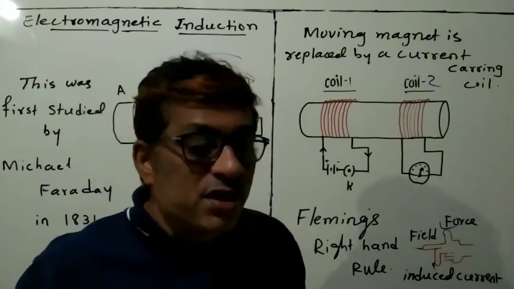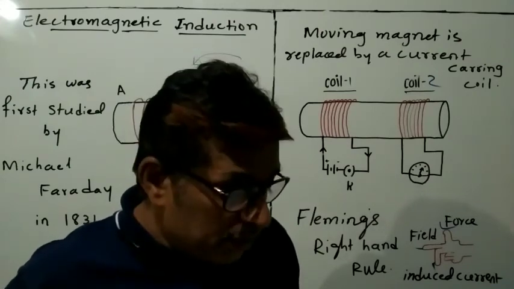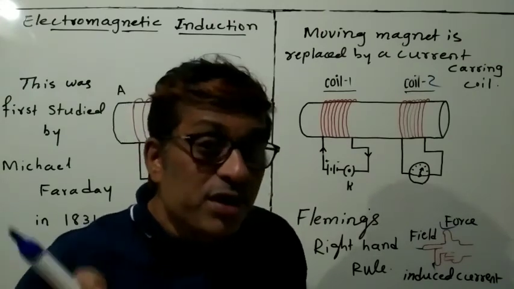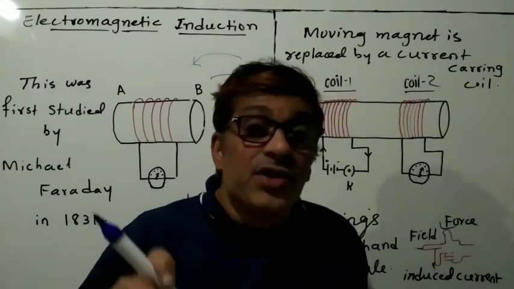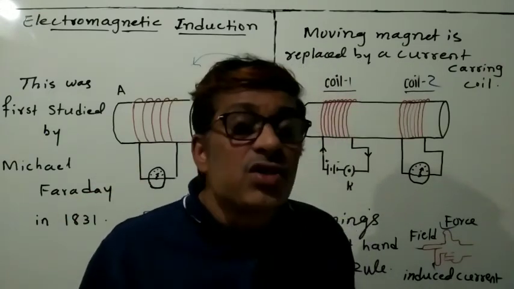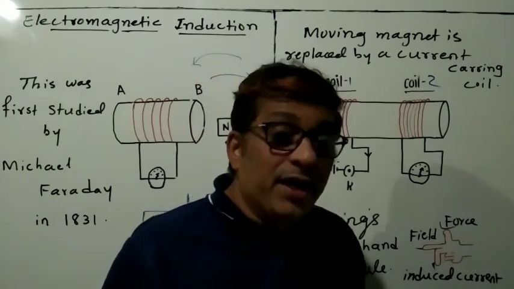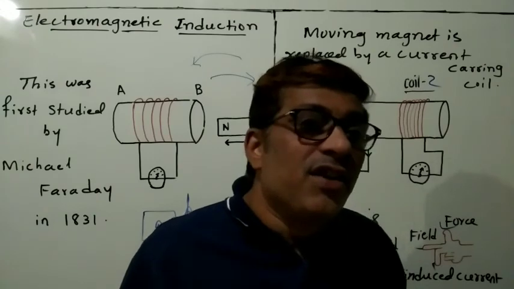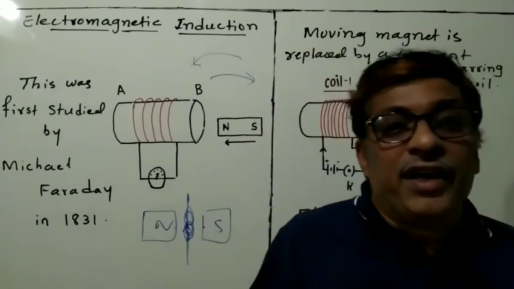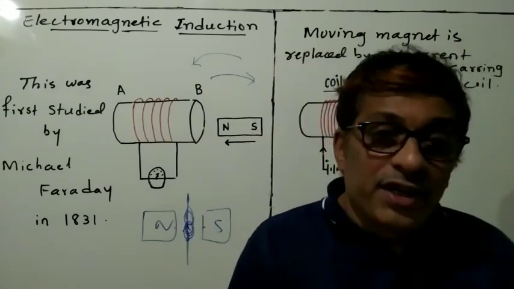This is the way you can find that current is induced in the second coil when the current in the first coil is changed. This is called electromagnetic induction. The direction we can easily find by using Fleming's right hand rule. Okay, got the idea, students?